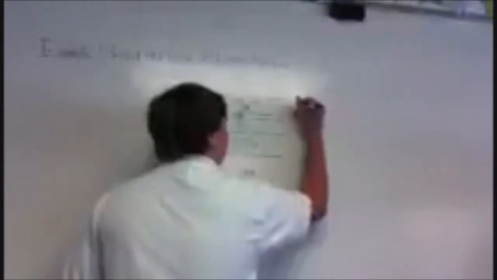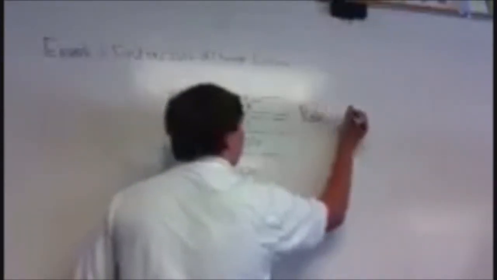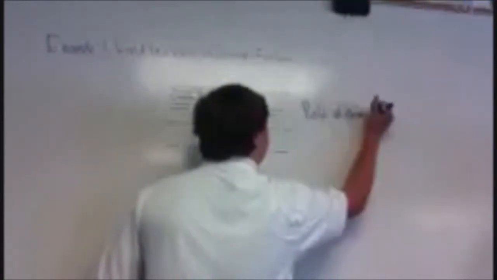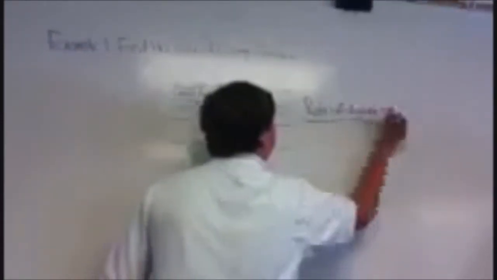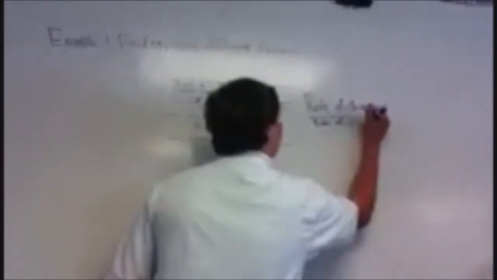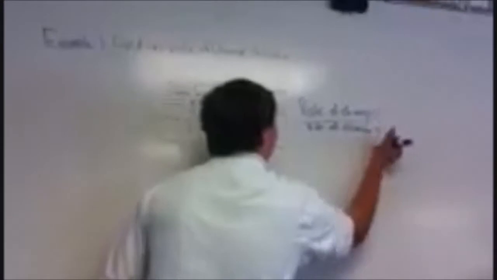Next, you need to find the rate of change, and you can use the expression that has been found, which is rate of change y all over rate of change x. So next you're going to want to plug in the numbers they give you.